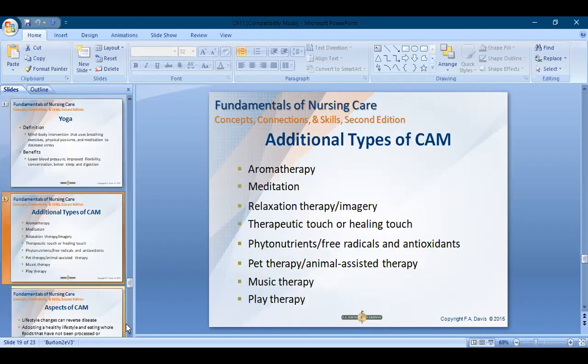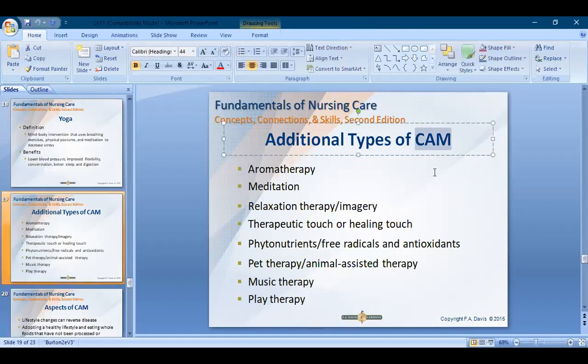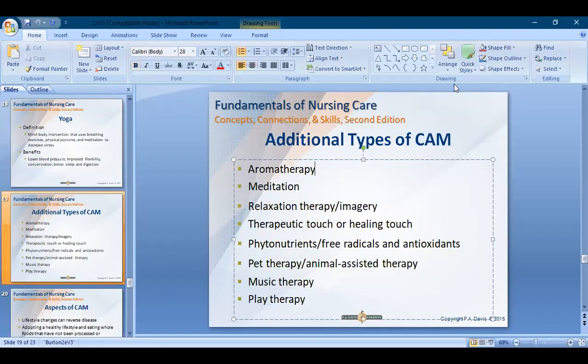And some additional types of complementary and alternative medicine. The students who joined with us a little bit late, at the first PowerPoint we talked about what it is. We already did. So what are the different types of alternative medicine? One is called aromatherapy, meditation, relaxation therapy, then play therapy, music therapy, then pet therapy, phytonutrient, and therapeutic touch or healing touch.